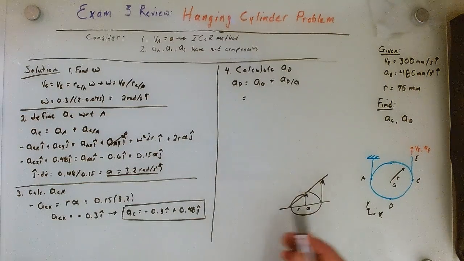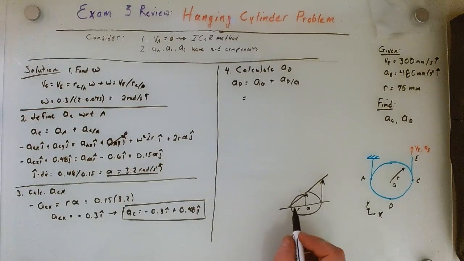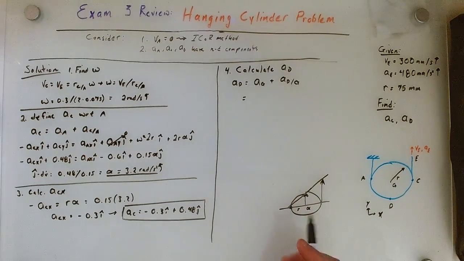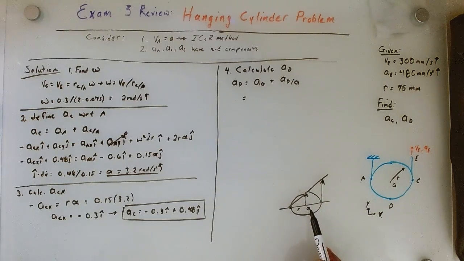So imagine, and it's a little weird, but imagine if we just turn the arrow this way, right? It's sort of an inversion thing, but basically we can express the acceleration of G from the angular acceleration, right?